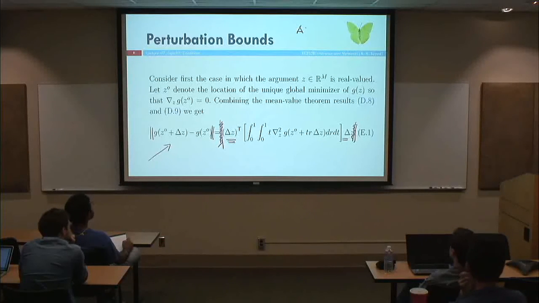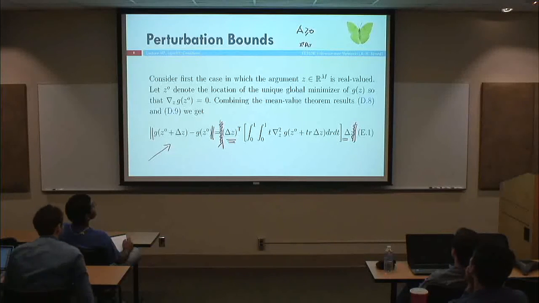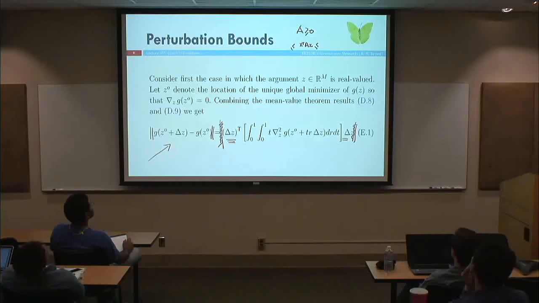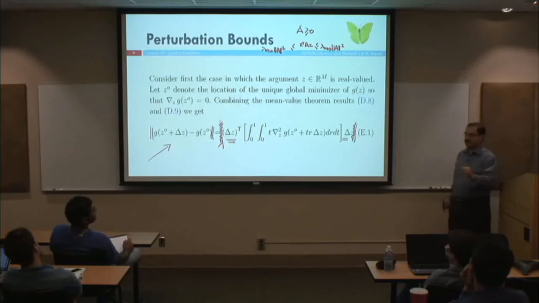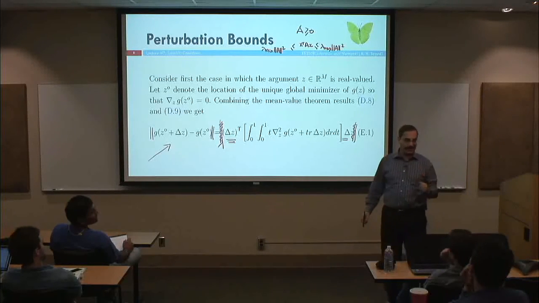If I have a matrix A which is symmetric and non-negative definite, its eigenvalues are between lambda min and lambda max. Then you know that X transpose AX will be between lambda max, norm of A squared, and lambda min, norm of A squared. This is related to something called the Rayleigh-Ritz characterization of eigenvalues.